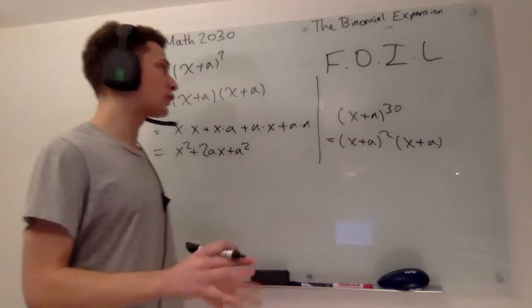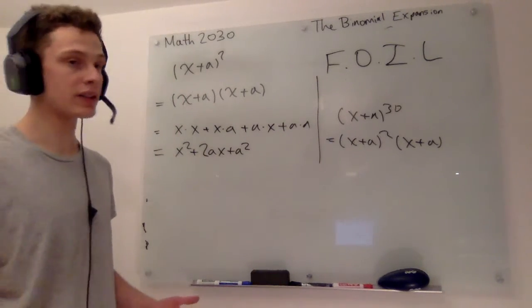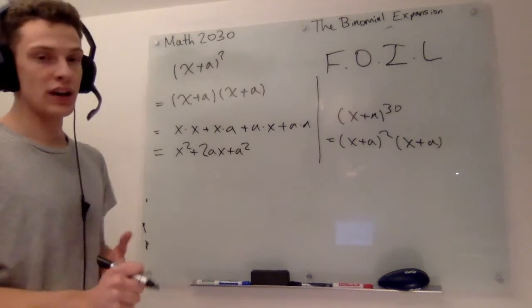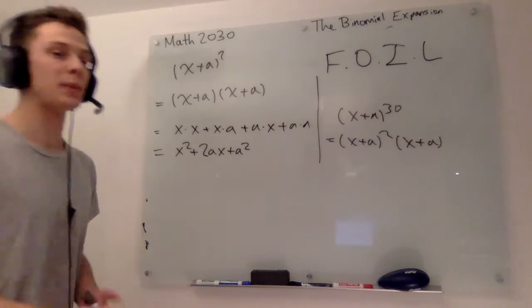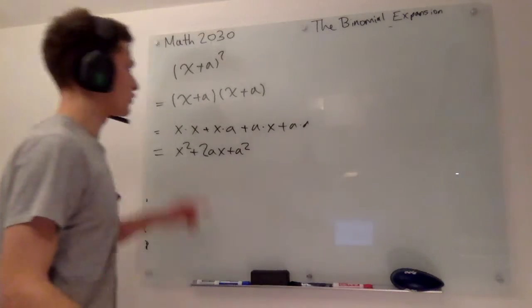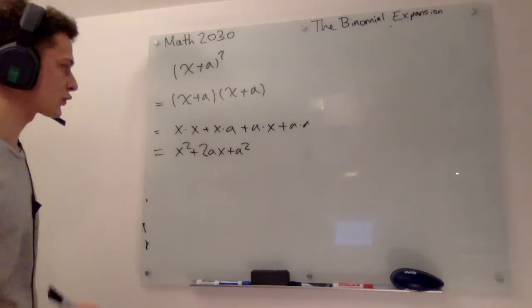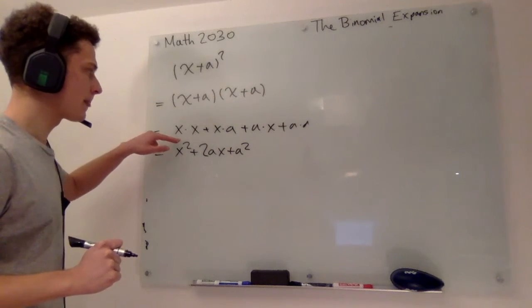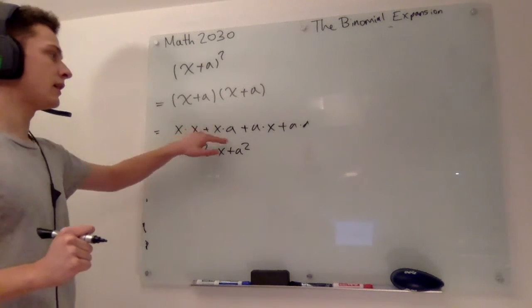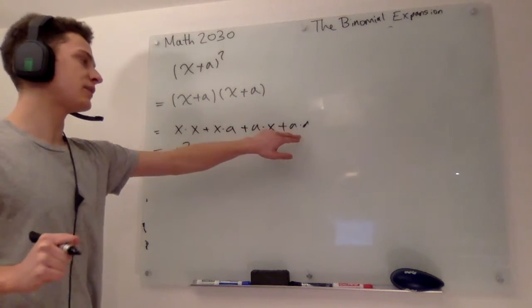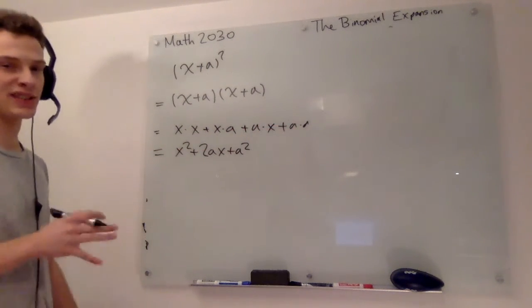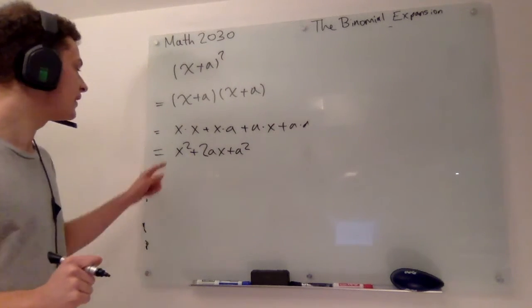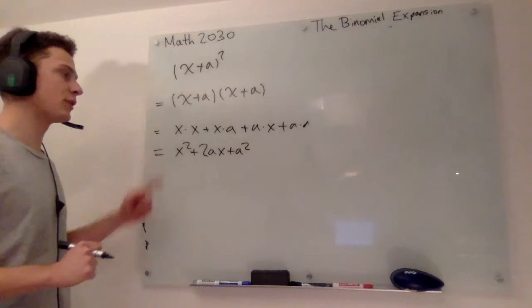Luckily for us, from our study of combinatorics, we can figure out a formula for general binomials to an arbitrary power, say n. Returning to our example of x plus a squared, what we saw is we have x times x plus x times a plus a times x plus a times a. This is really important, and it's a subtlety that gets lost as generally we simplify the expression in our head and just write down what we have at the bottom here.